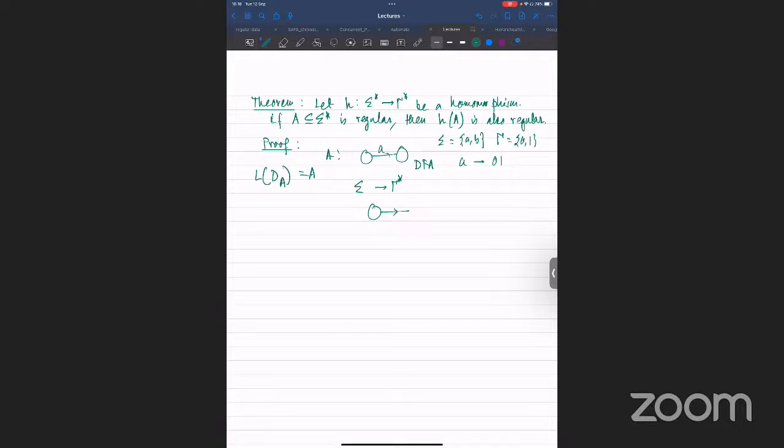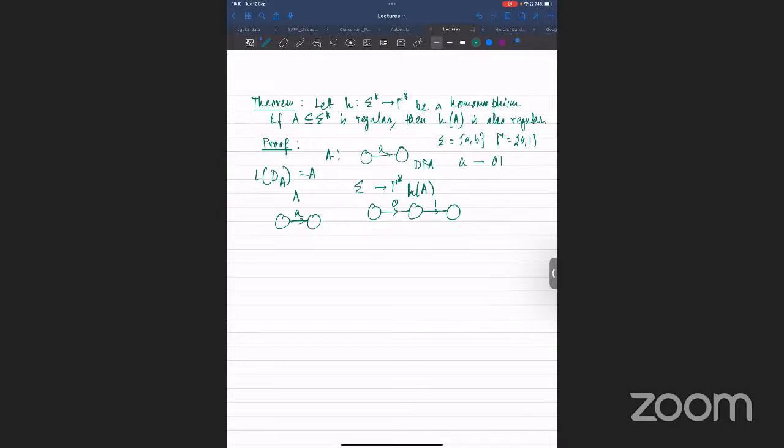Now suppose there is a mapping here which is A, so again on this side you have A. And for H of A, I put 0 and 1 here.